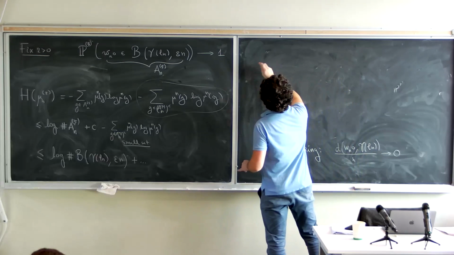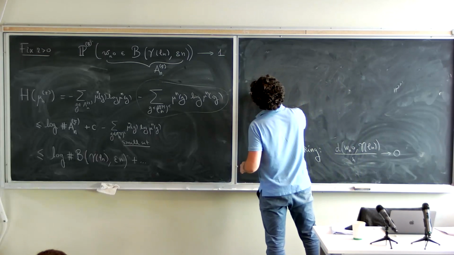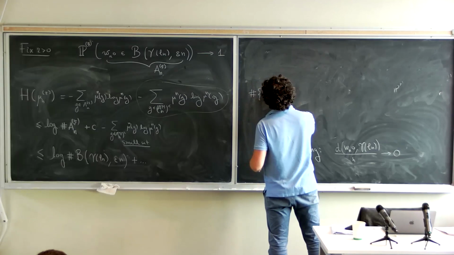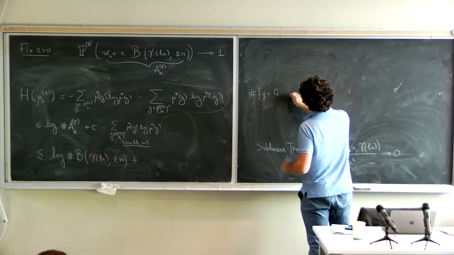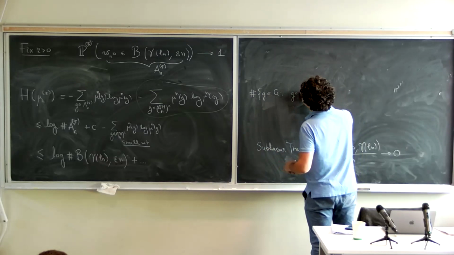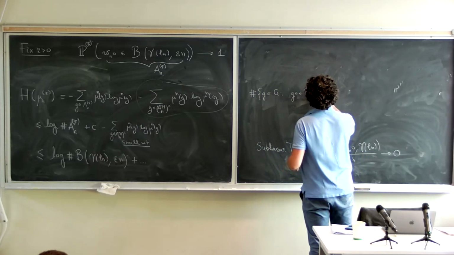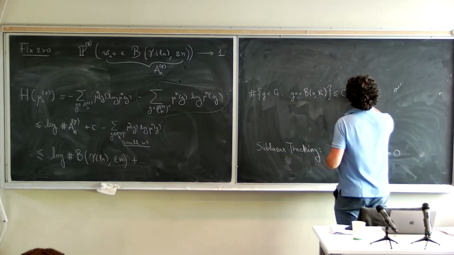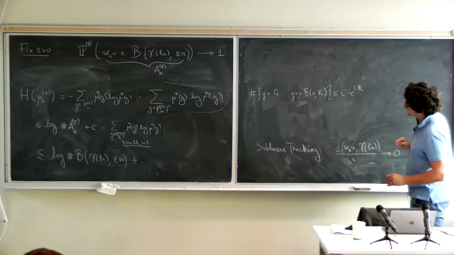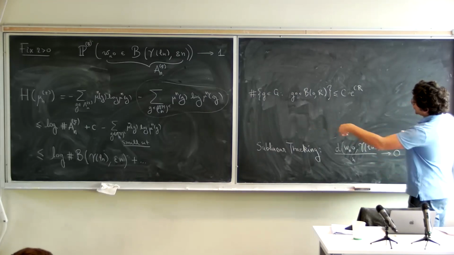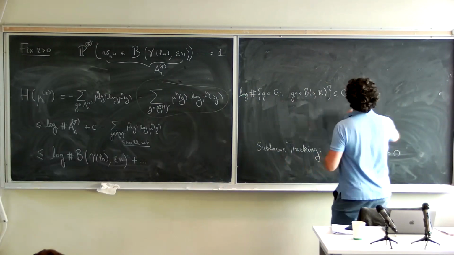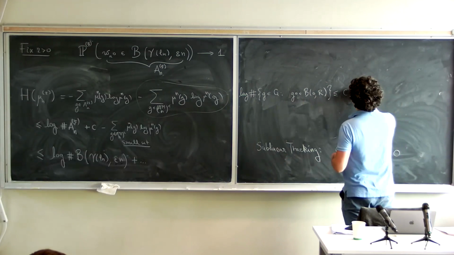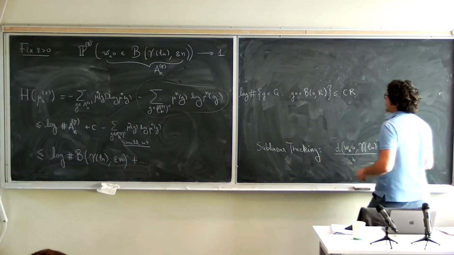Here, recall that the number of g in G such that g o is in the ball around o of radius R was less than C e to the CR, something like this. If you take the log of that, this is less than basically C times R plus something small.